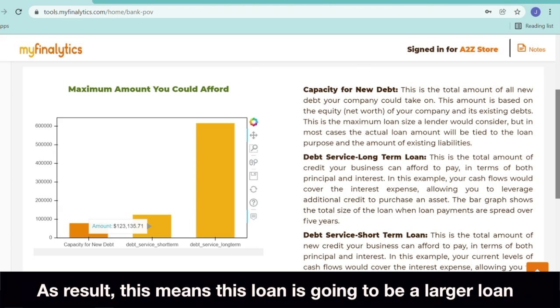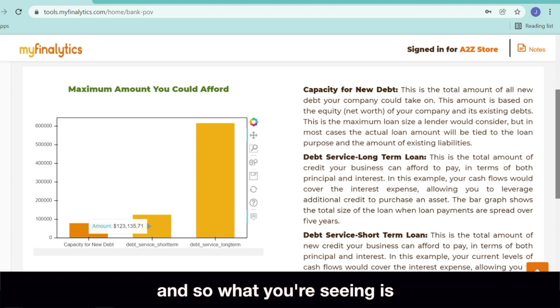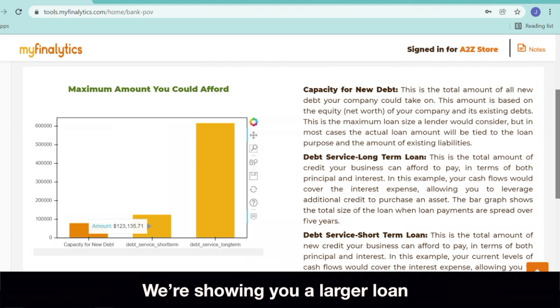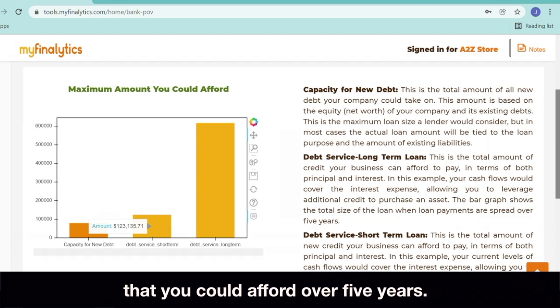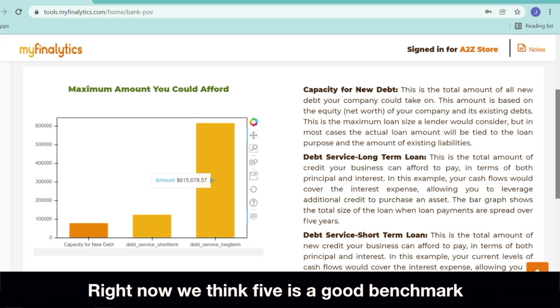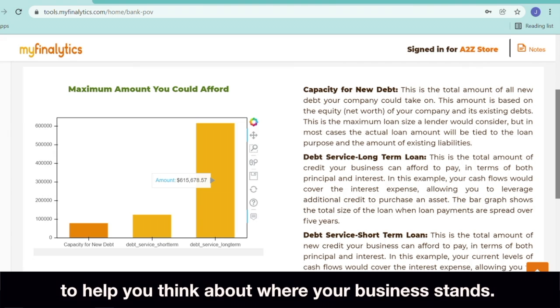As a result, this loan is going to be a larger loan. And so what you're seeing is the total amount of new credit on this table. So we're showing you a larger loan that you could afford over 5 years. If it was a 10-year repayment period or a 15-year repayment period, it would be a larger number. But right now, we think 5 is a good benchmark to help you think about where your business stands.